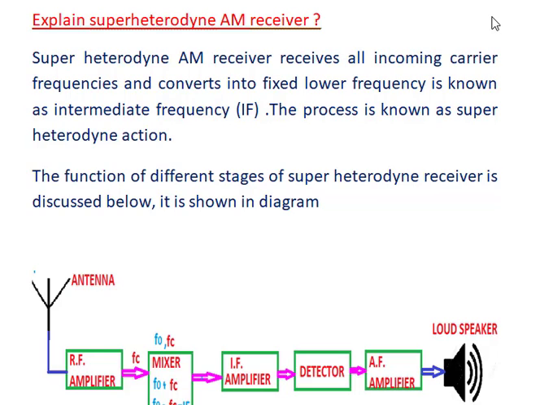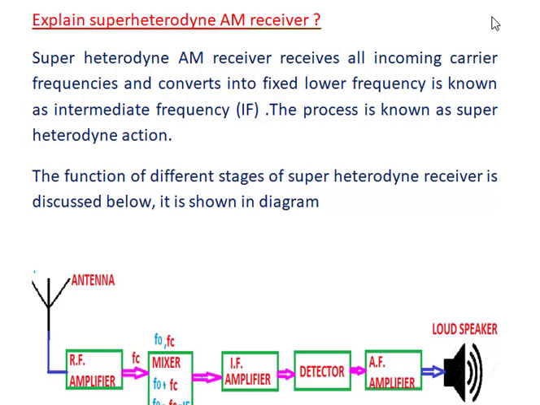After the modulation, the amplitude modulated wave is transmitted through the transmitter and then it is received by the AM receiver. So in this connection, the question was: explain the action of the superheterodyne AM receiver.